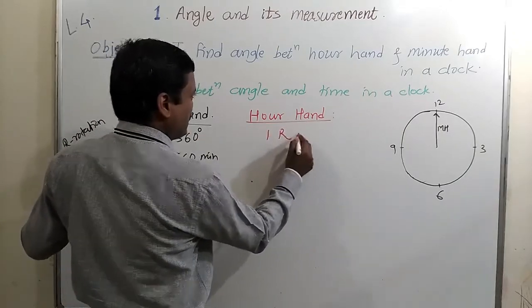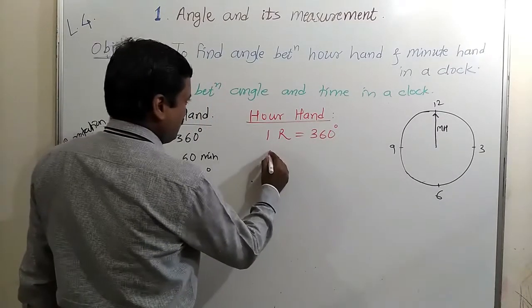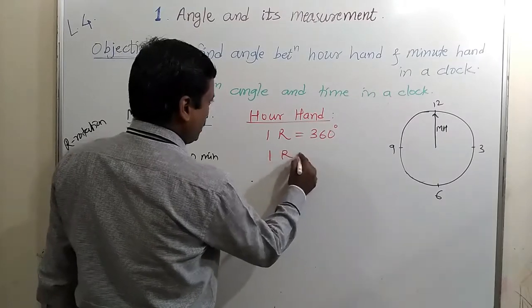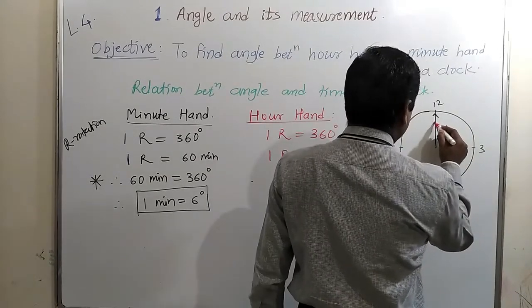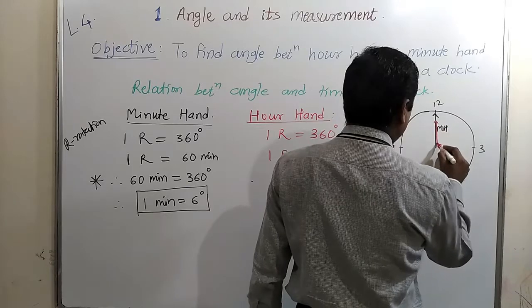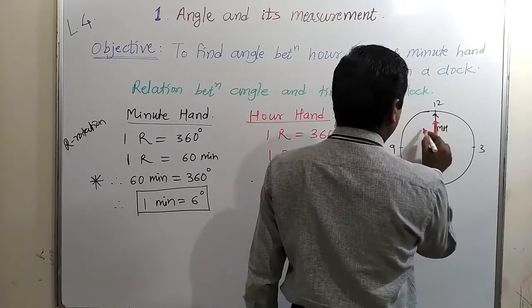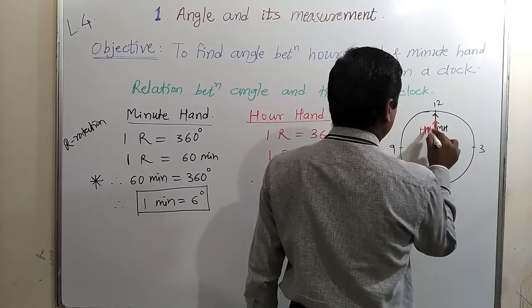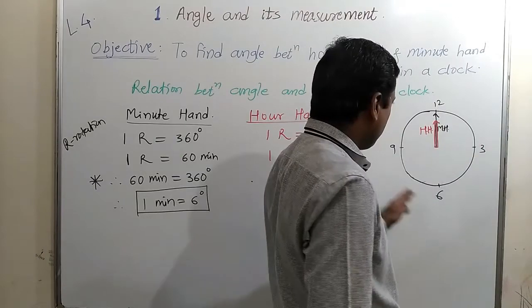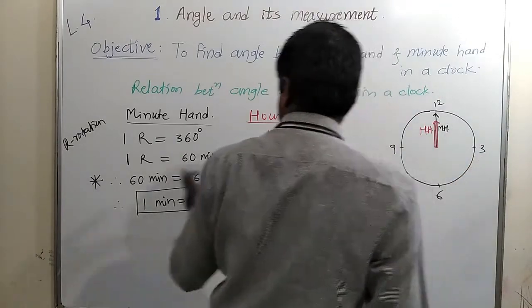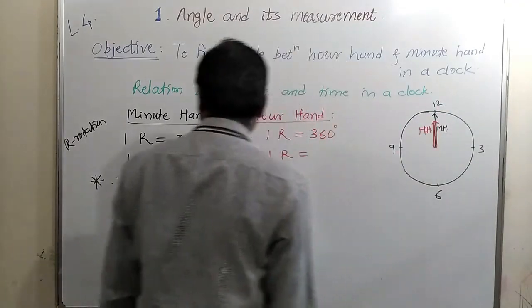Also, this red one is the hour hand. When the hour hand completes one rotation, it covers 12 hours.